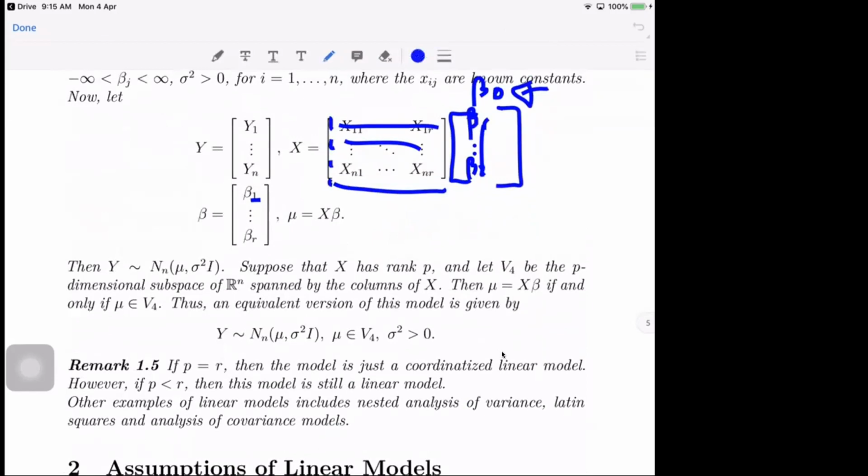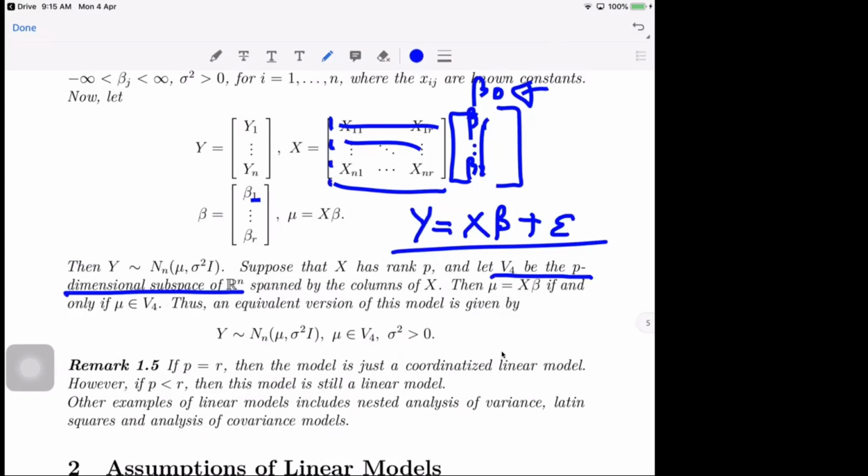So this is usually the model in the coordinatized form, X beta plus epsilon. This is the coordinatized version, but if you have a coordinate free version, you just define your subspace V4 and the equivalent model is this. The important thing here is where you will get your mean vector. So your mean vector will be taken from a p-dimensional subspace of R^n.